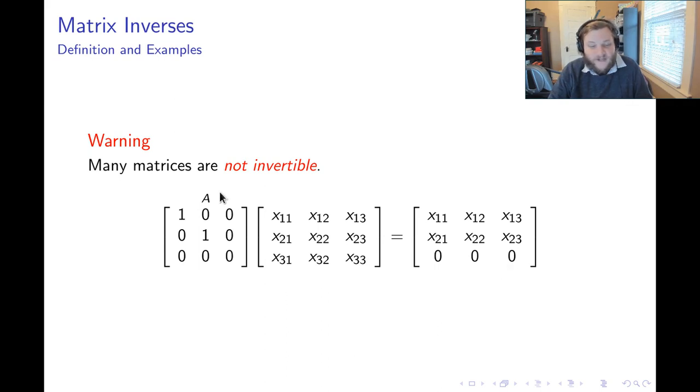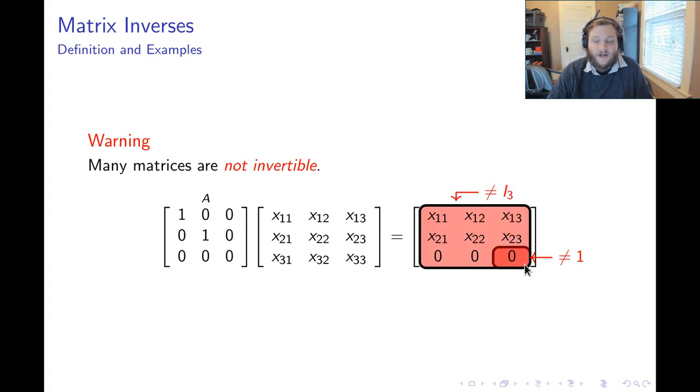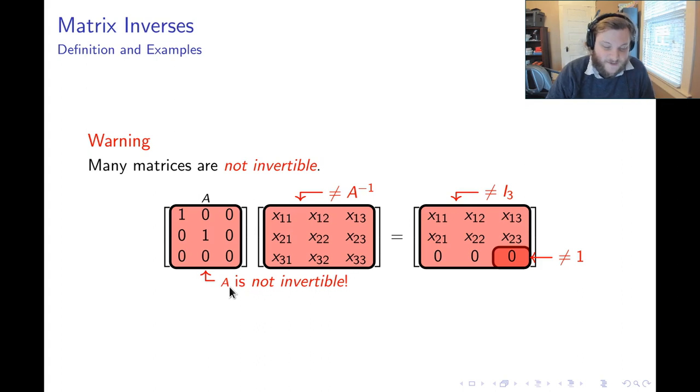So what this is telling me is that if I take this particular A and multiply by any matrix, I will never get a 1 in the 3, 3 position. So consequently, this product can never equal the 3 by 3 identity matrix. So this is an example of a matrix A where no matter what I multiply by, I will never get an inverse. So you would say here that this matrix A is not invertible.